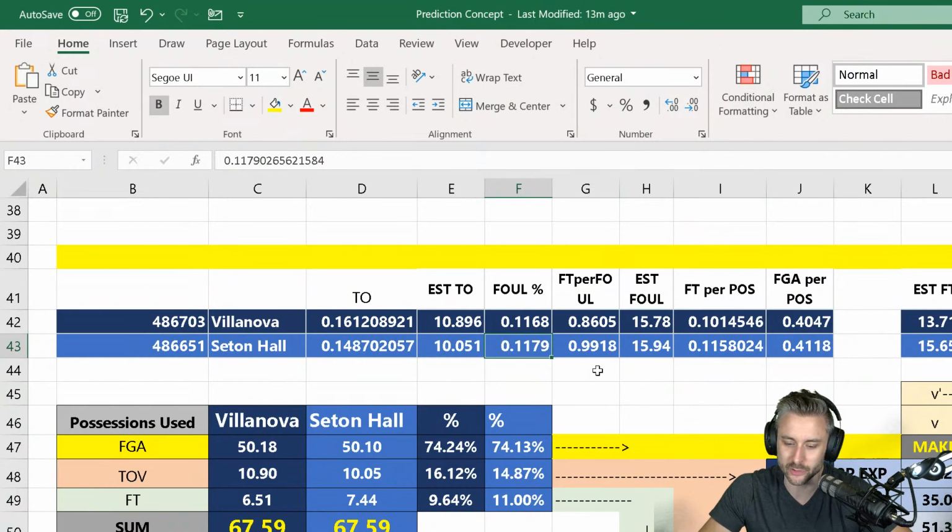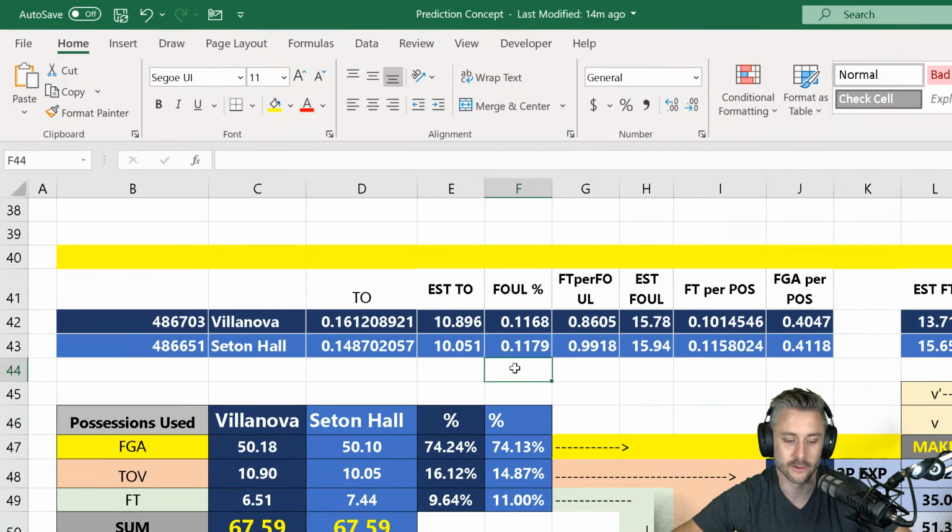And this number is a little bit unique from all the other percentage stats because it's actually calculated by the number of fouls in a game divided by possessions times 2, because fouls do not only occur on offensive possessions, they can occur on defense, or they can occur on both defensive and offensive possessions. So you want to use the total number of possessions for both teams in the game to calculate that number.